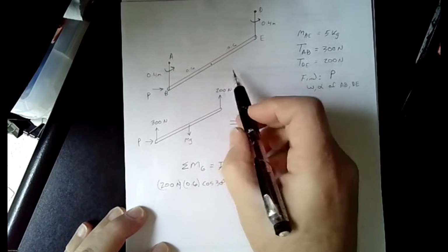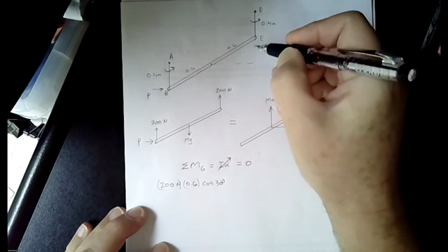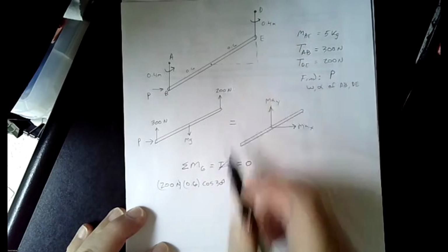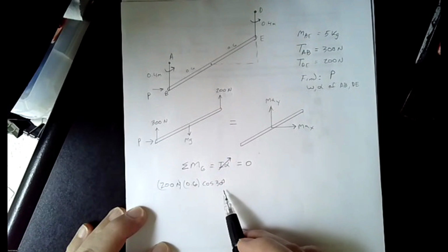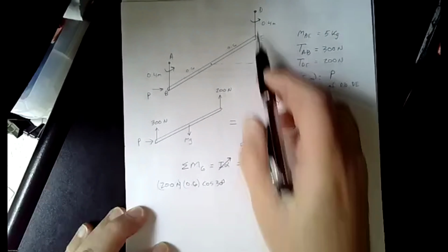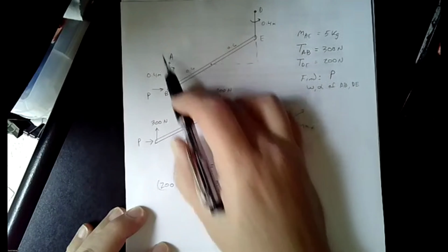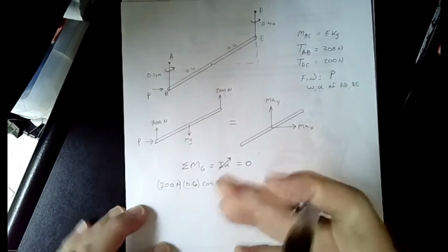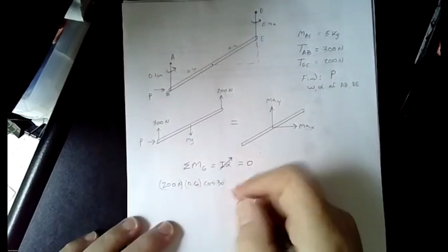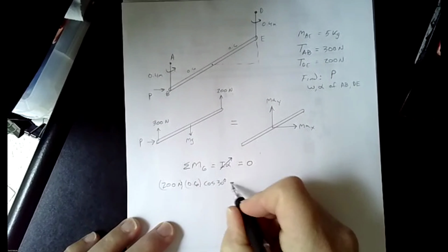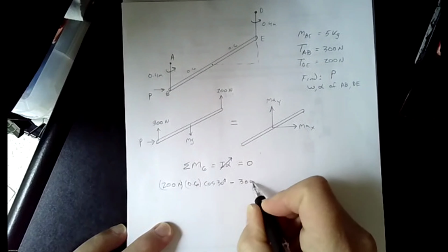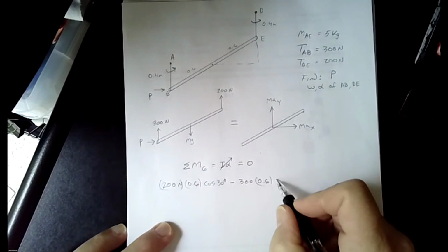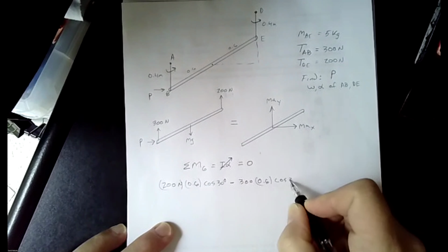And that's just this distance like that. So there's my 0.6 cosine 30. And then I have, and this is positive because it's counterclockwise. And then I have A, which is clockwise. So it's going to be minus 300 times 0.6, and that's going to be cosine 30 also.